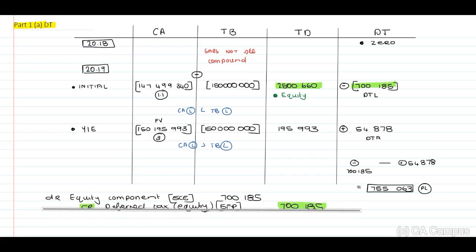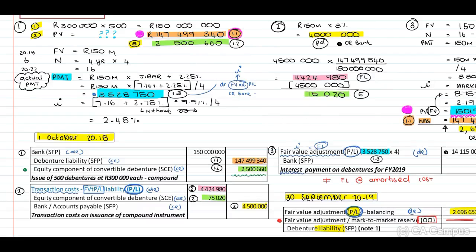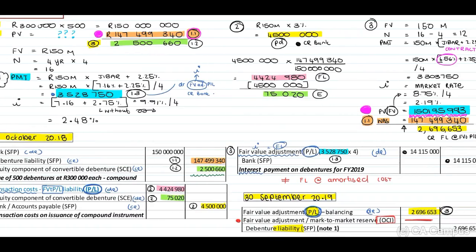Now, we have already determined the portion that should be recognized in our profit or loss, 755,063. Now, remember that this portion relates to our profit and loss portion. Now, when you look at our journal entries, I just want to explain this to you because this is in this solution, and I don't want you to get confused.